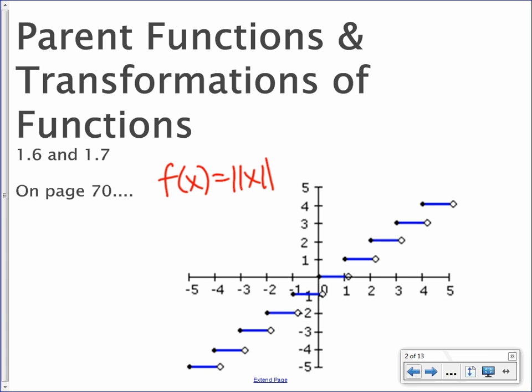If I plug in 0.99999, it gets bumped down to 0. So this little horizontal line is representing all of those numbers getting bumped down. But then at 1, we get to keep it at 1.